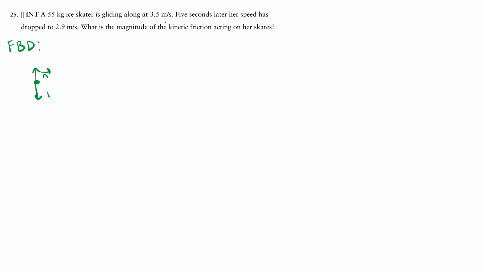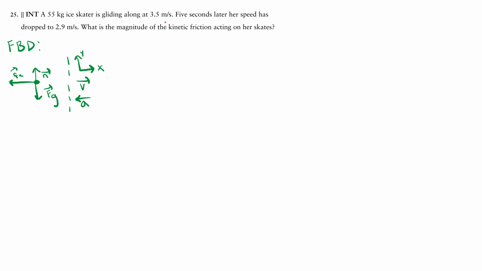And then the question tells us that there's a kinetic friction force, and so that would be opposing her motion skating forward. And then just the little key to show the x and y direction. The skater's velocity, and then the skater is slowing down, so the acceleration will be in the opposite direction.